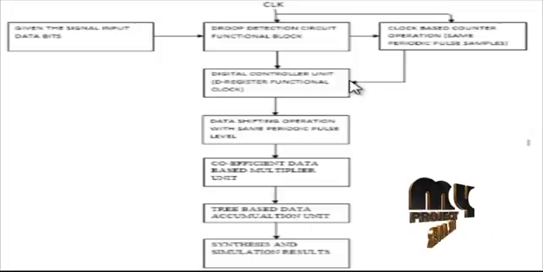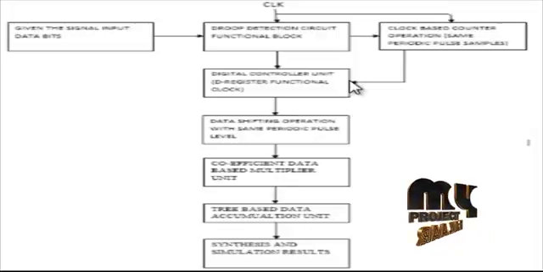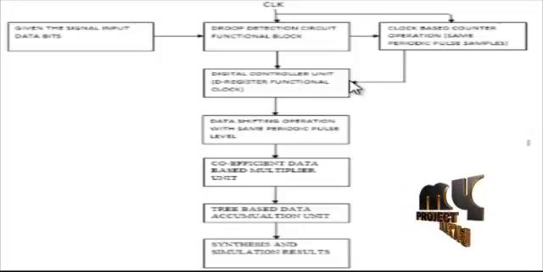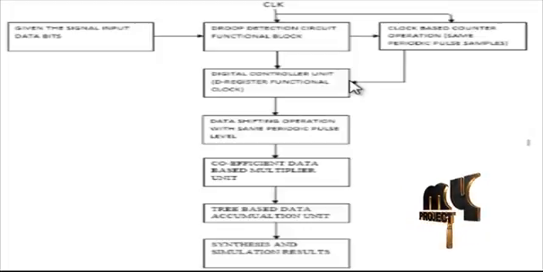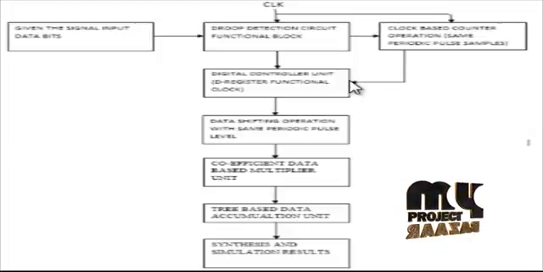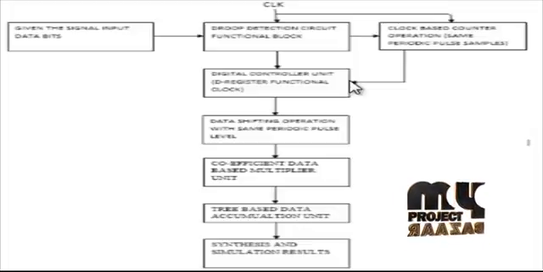These clock periodic samples create the enable signal and the data passing to the digital controller unit. The D register architecture is present based on the enable signal for data passing in the overall FIR filter architecture. The data passed from the D register, based on clock pulses, then goes through the shifting operation with the same periodic pulse levels.